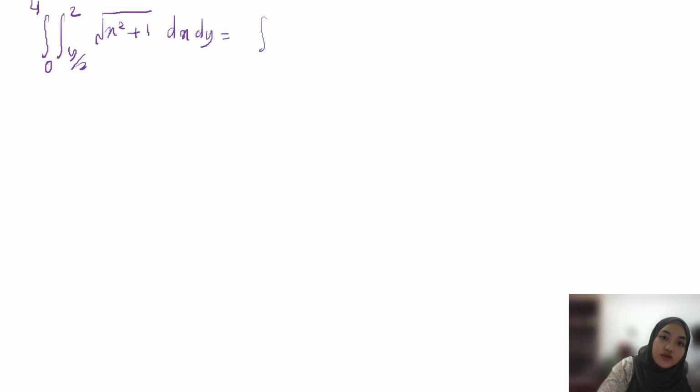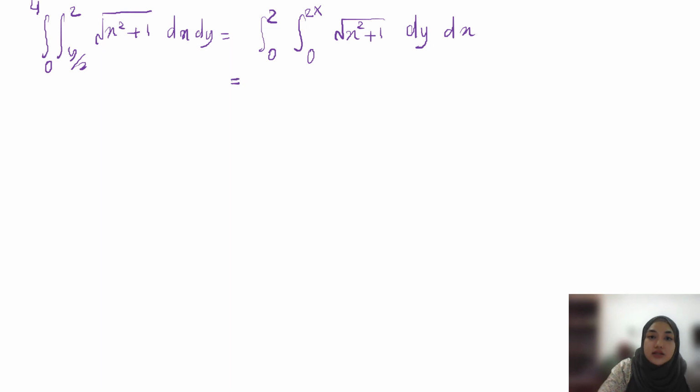Reversing the order, we get the integral of x squared plus 1, dy dx. From the graph, our limits are 0 until 2x, and then 0 until 2. Then you have to integrate this one. It's very simple.